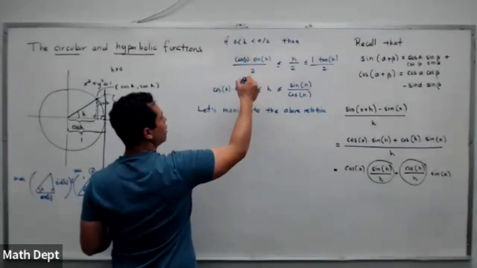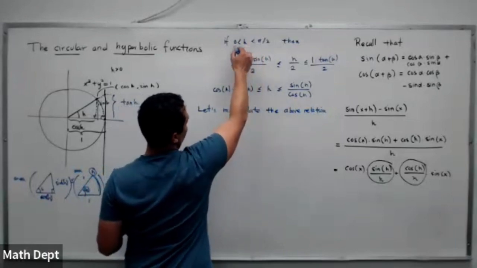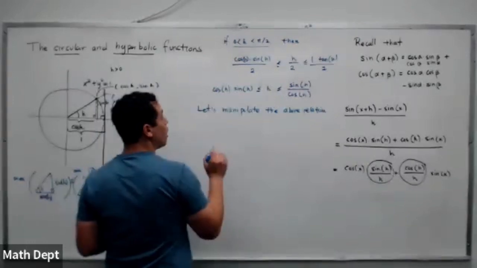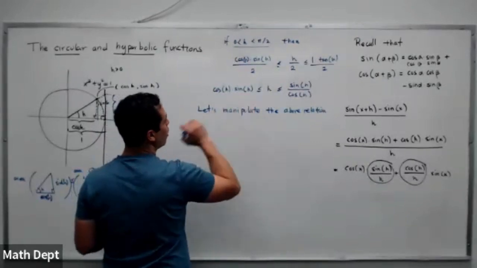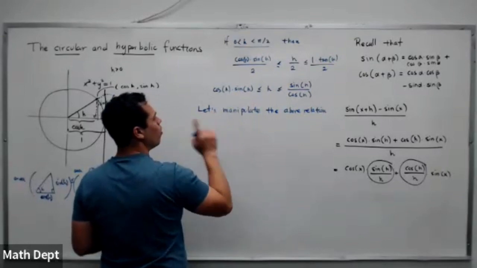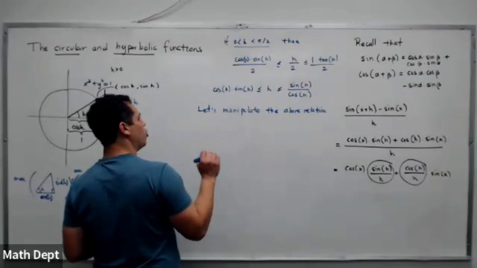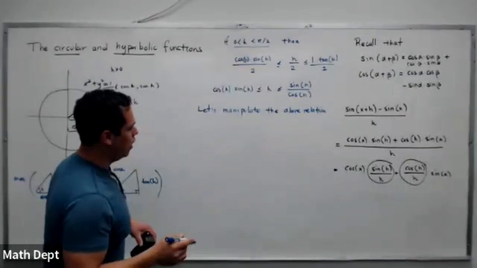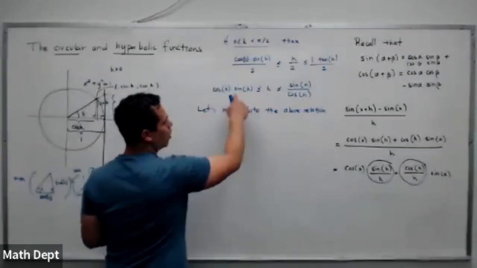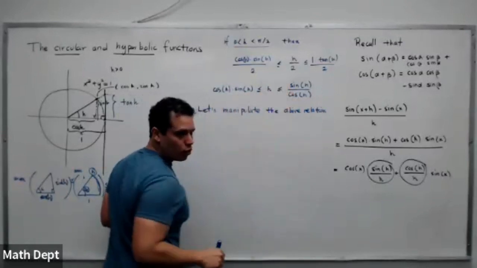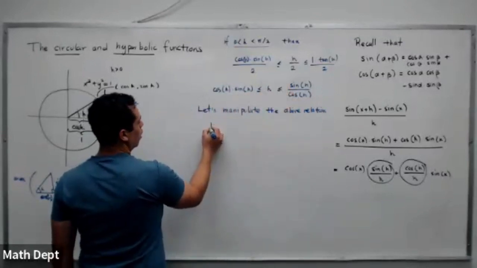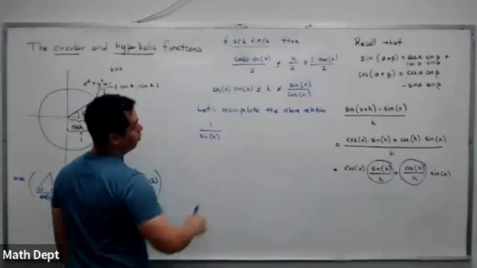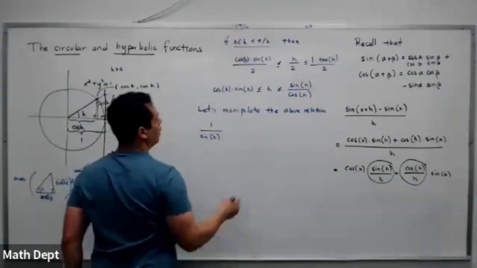Since we are defining H restricted to this set of numbers, I know that on that interval, sine has to be positive. So why don't I do one thing just at once? I'm going to multiply not by H, but by the reciprocal of sine. That way, essentially, we'll get rid of this one and this one. Since this is a positive number, we're working here, let's not forget about that.